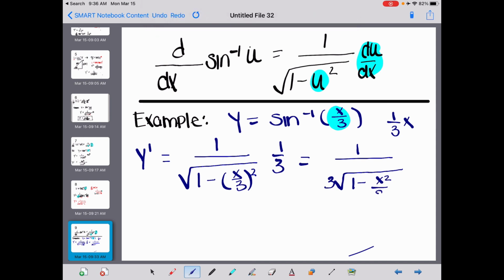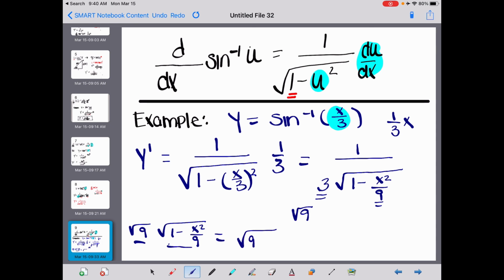Now watch how we clear this fraction inside your radical. We do have a 3 as a coefficient out here, which is also the square root of 9. And we know we can multiply square roots by one another by multiplying the insides. So the square root of 9 times all of that is just distributing the 9 minus x squared.